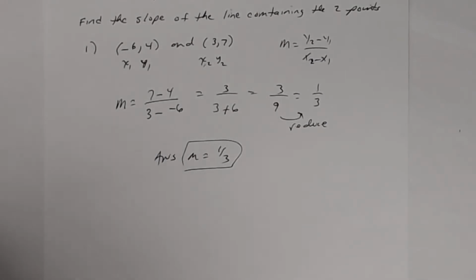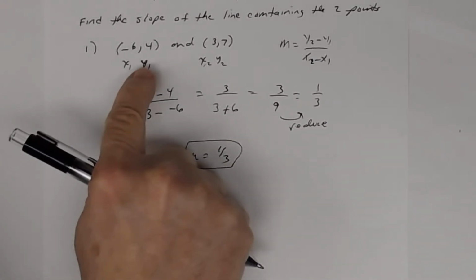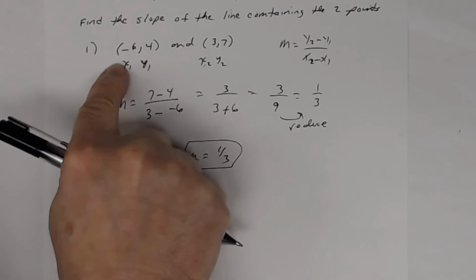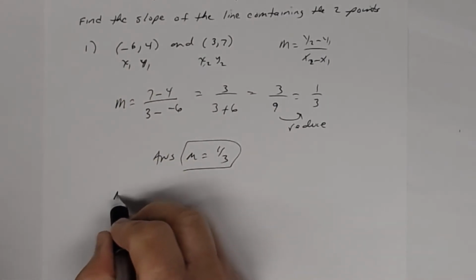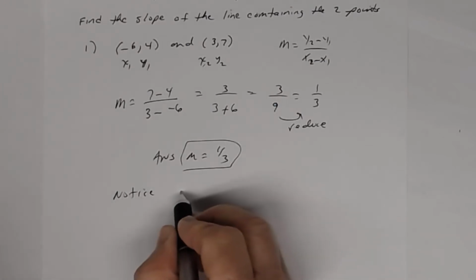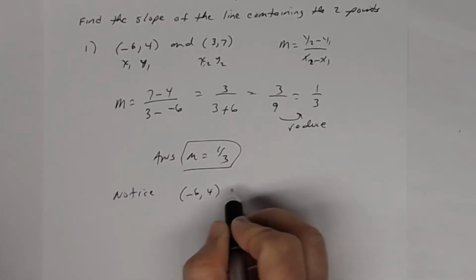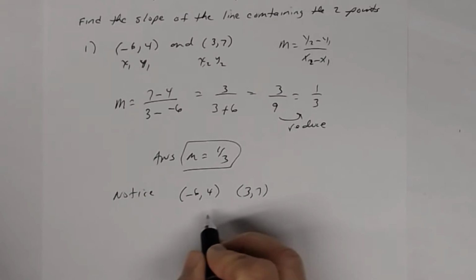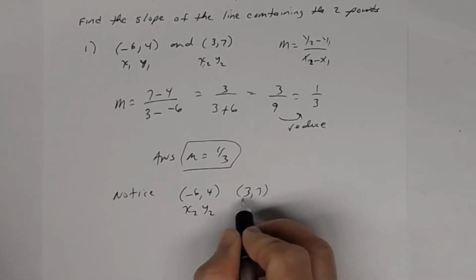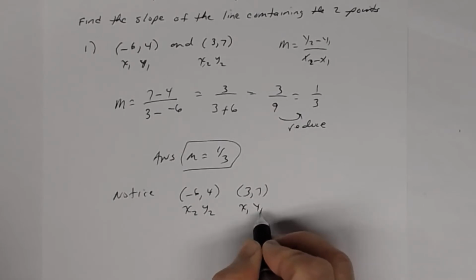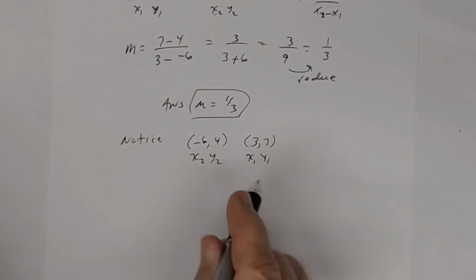Now, I want to show you that it did not matter whether this was your first point or your second point. If you let this be the second point, x2, y2, and this be the first, x1, y1, you'll still get the same answer. So watch.